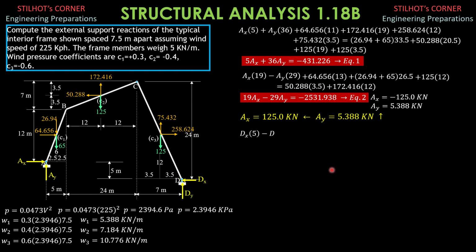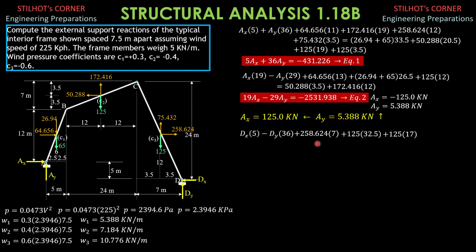Then, considering again the whole system, we sum up moments about A, clockwise positive. So summation moment about A equals 0, DX times 5 minus DY times 36. So let's begin with these forces here. So plus 258.624. The moment arm is 19 minus 12, so 7.